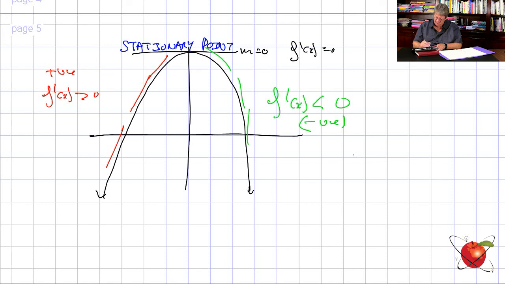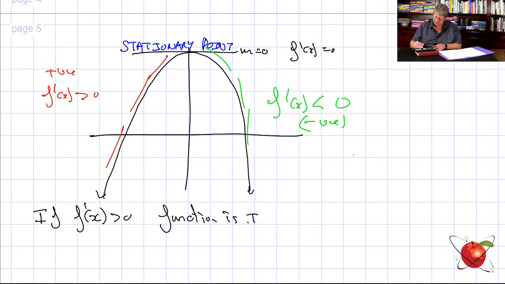We say if f prime of x is greater than 0, the function is increasing. If f prime of x is less than naught, the function is decreasing.